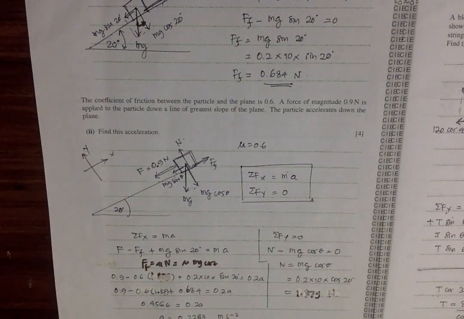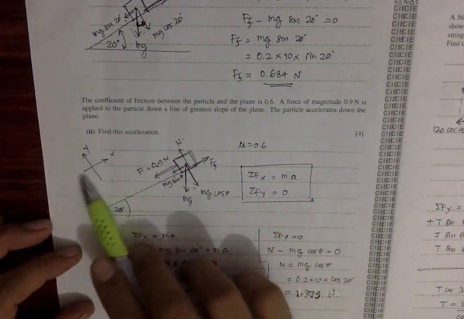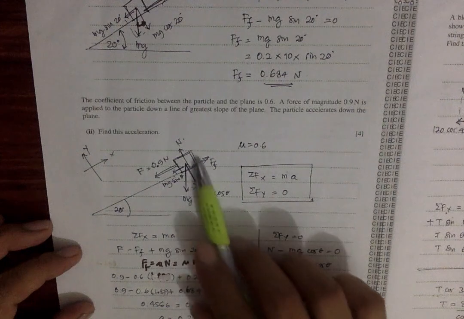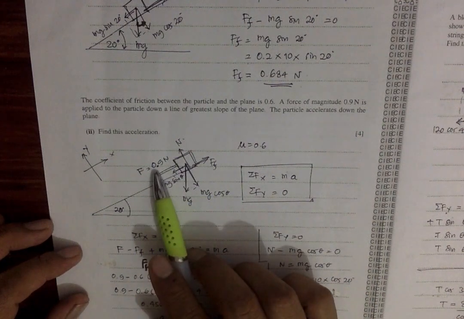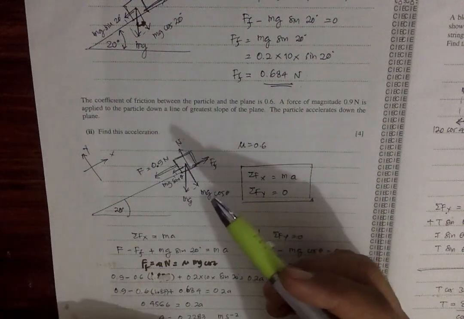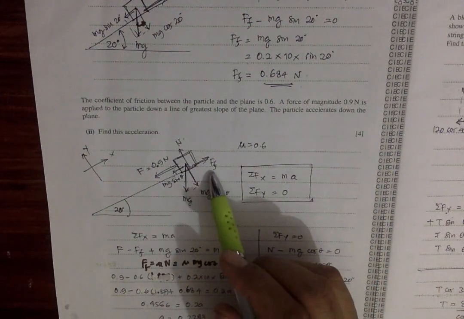Still using Newton's second law, total force equals ma in the x direction, because in the x direction the object is going down by the force 0.9 Newton. Also in the x direction we have mg sin theta and the frictional force.